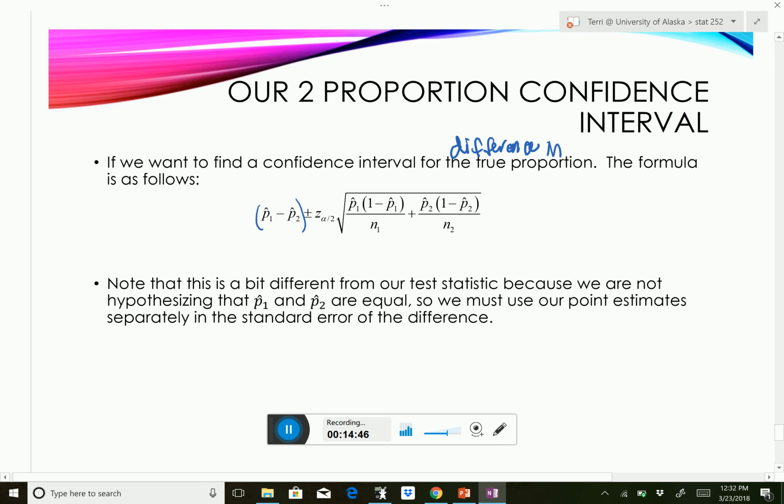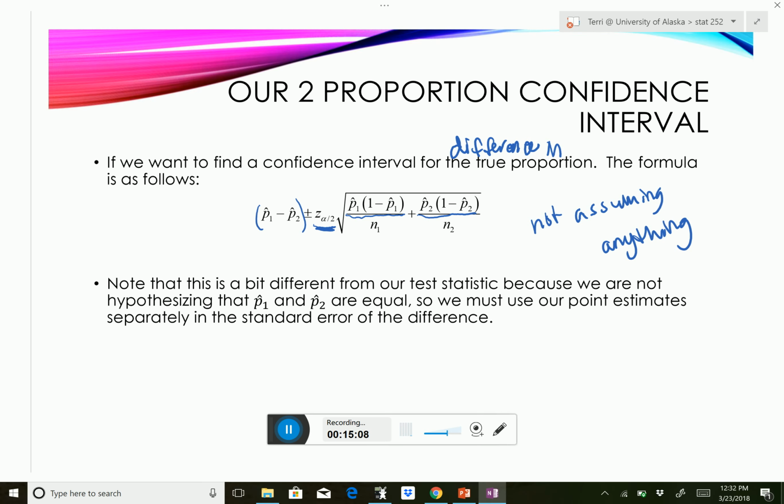So the formula looks like this. We use the Z, and we do have to separate each one of these out because in this case now, we're not assuming anything when we make a confidence interval. And that's why it's a little bit different.